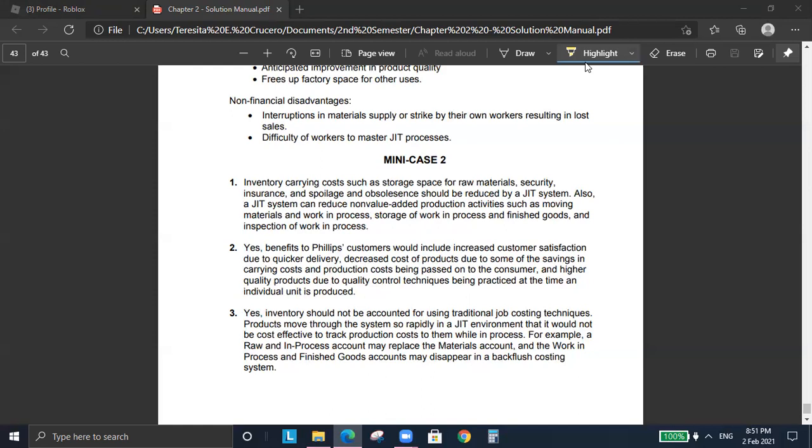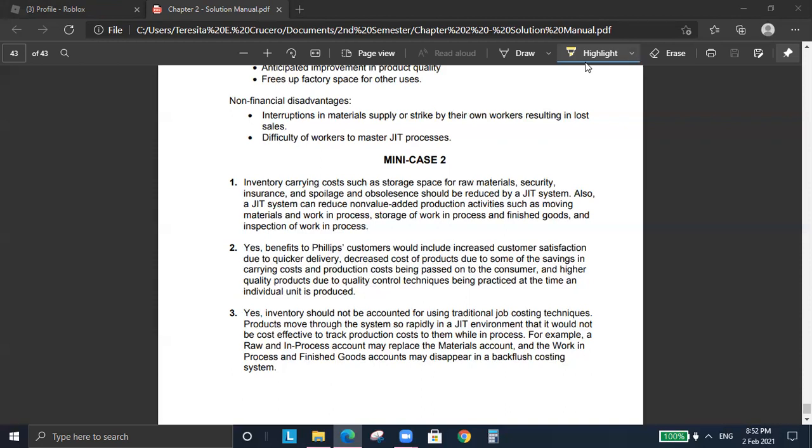Thus, the total production cost will also be reduced. So that will be a positive effect to the customers.